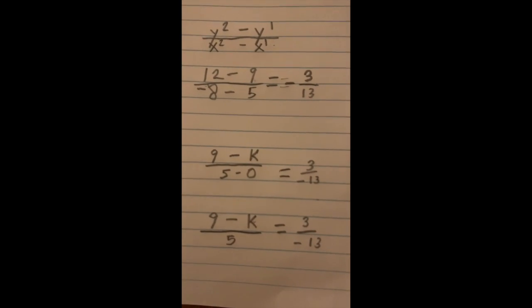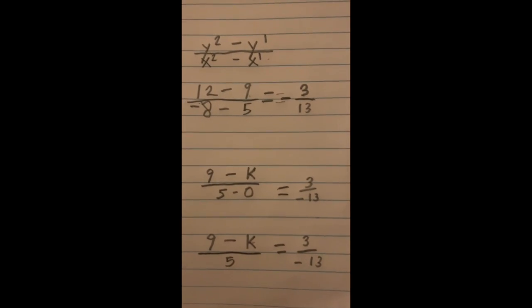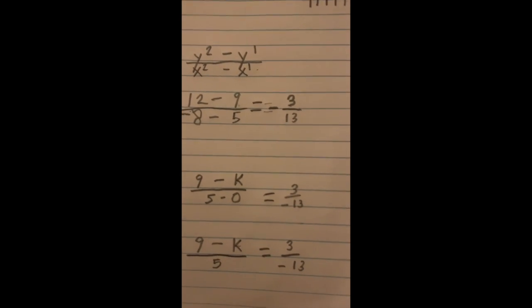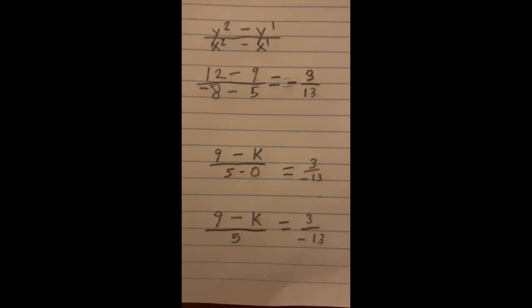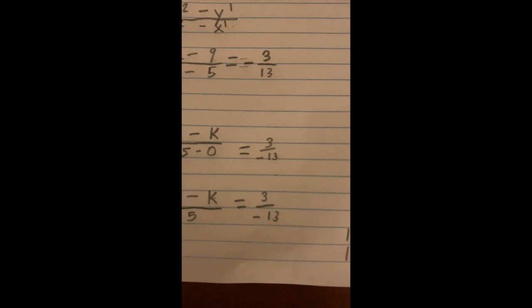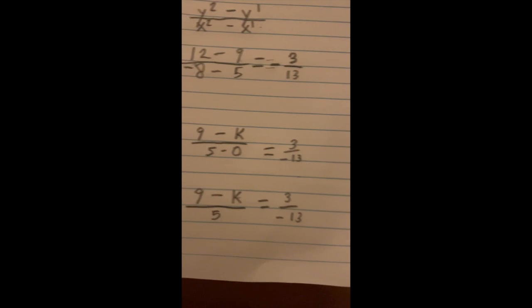And then you want to find your total slope, so you do 9 minus k over 5 minus 0, plugging in your (0, k) to find your unknown variable here. And you're plugging in 3 over negative 13 as your slope.